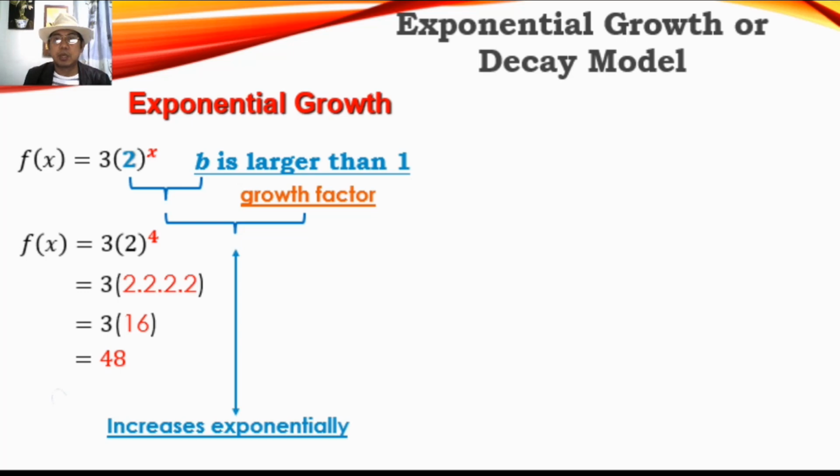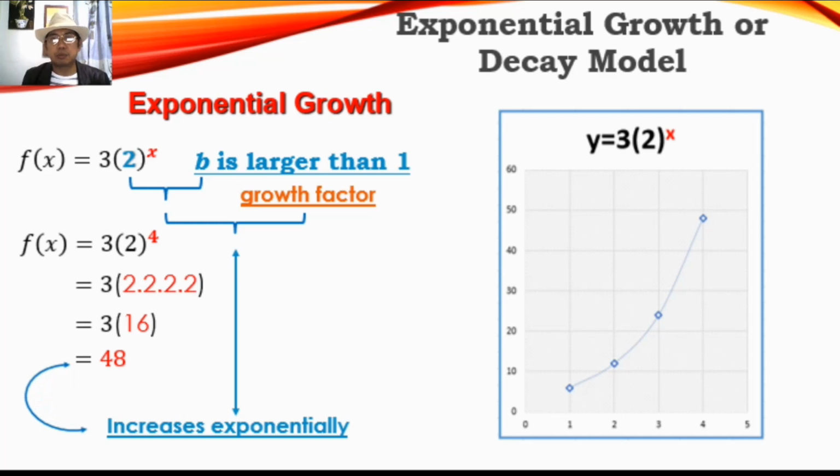What about the graph of this growth factor? You will notice the graph of this exponential growth goes from left to right in an exponentially increasing manner. So this is the graph of the exponential growth.